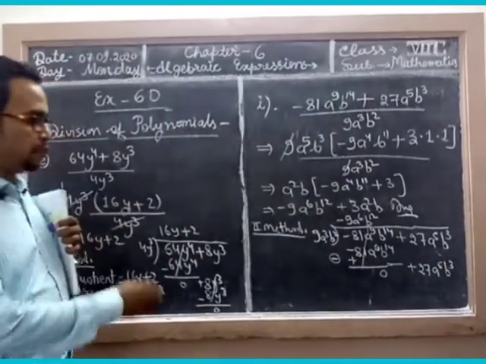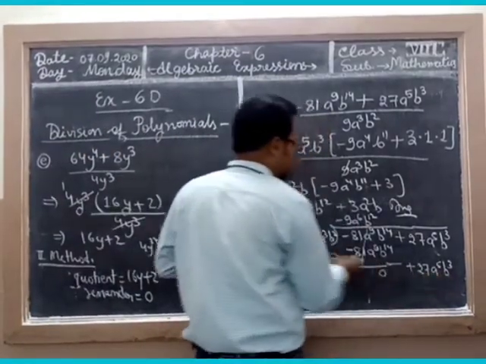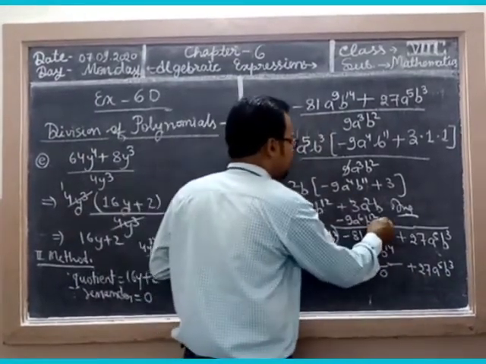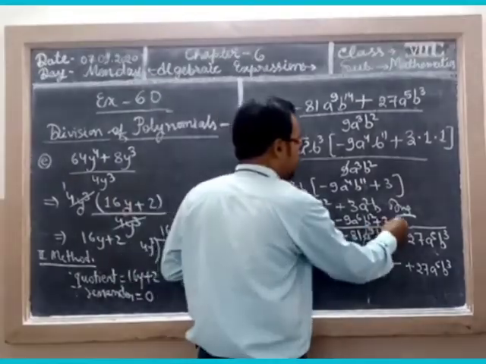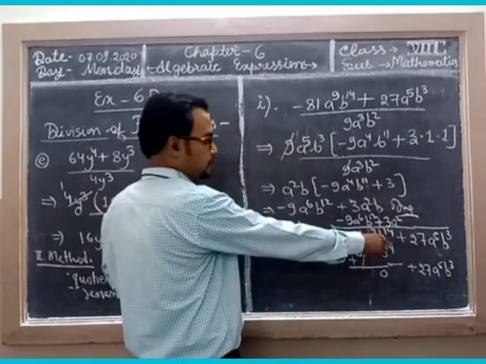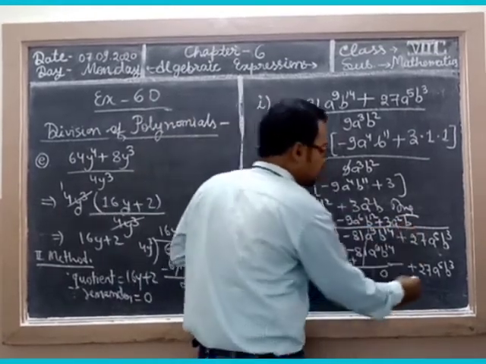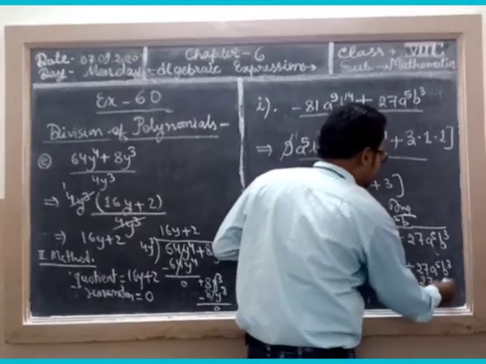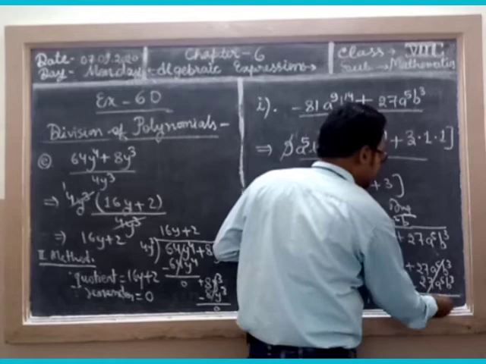So 9a2 b square and our result is 27 a5 b2. So 27 divided by 9, plus 3. a5 divided by a2, a square, and b2 divided by b square, b. So we get 27 a5 b2. Again subtraction, remainder is 0.